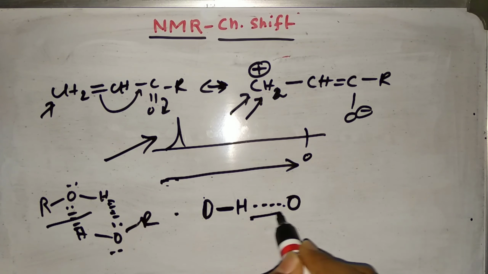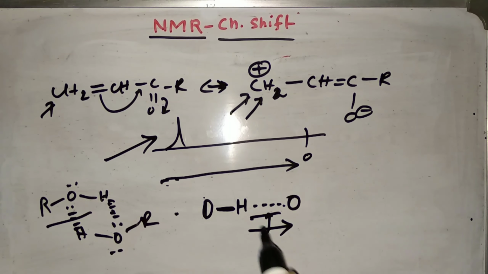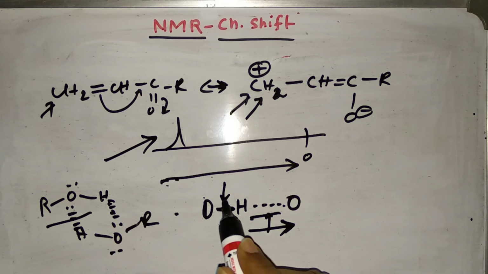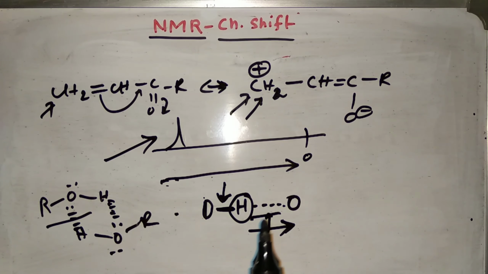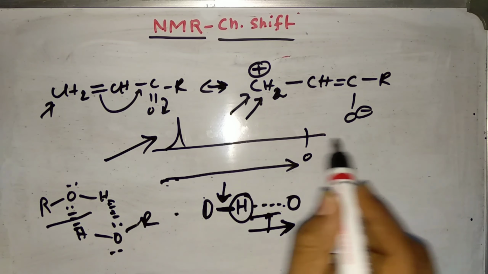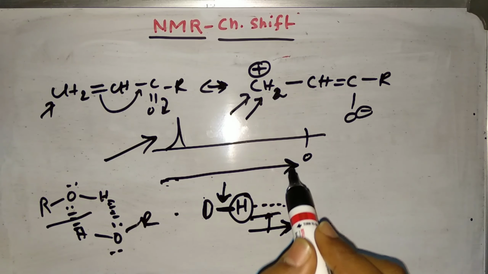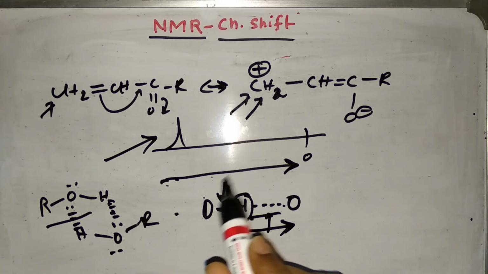Because of this hydrogen bonding, the electron density of this bond shifts slightly towards this, and because of this the electron density decreases, and because of this decrease of the electron density, the proton will show the NMR peak at a higher chemical shift value, because of paramagnetic shielding or no diamagnetic shielding.